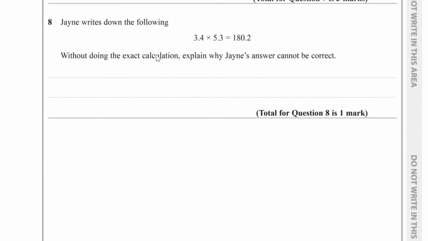Question number 8. Jane writes down the following: 3.4 times 5.3 equals 180.2. Without doing the exact calculation, we have to explain why Jane's answer cannot be correct.